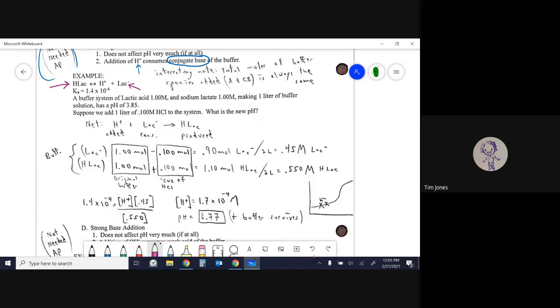Don't mix that up with those complex ions that we've talked about recently. So we make a buffer and we take 1 molar lactic acid and 1 molar sodium lactate. Again, it's the lactate that we care about. And we make a liter. So the numbers are very nice right here, all ones. It turns out it has a pH of 3.85.